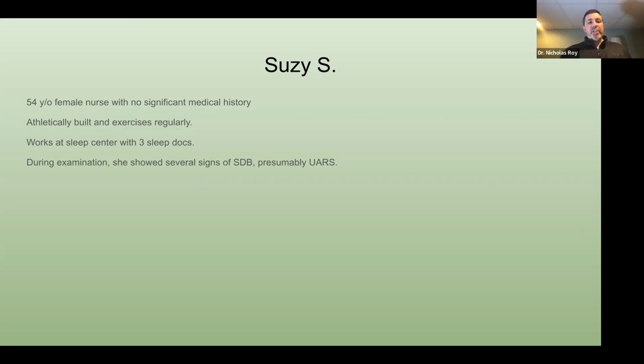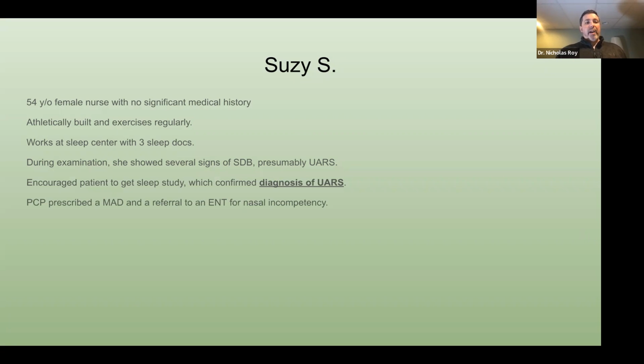During an examination, she showed several signs of sleep disordered breathing, presumably the cousin diagnosis of sleep apnea, upper airway resistance syndrome. So we encouraged the patient to get a sleep study based upon what we saw in her mouth, and lo and behold, she had that condition. The sleep physician prescribed a mandibular advancement device and referred her to the ENT.